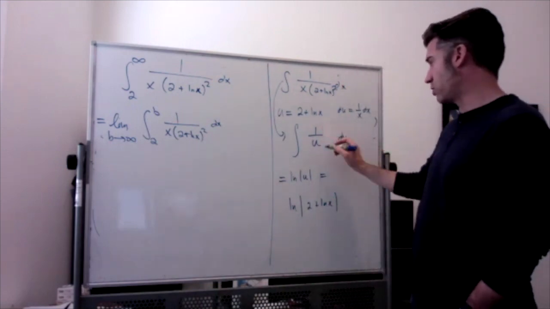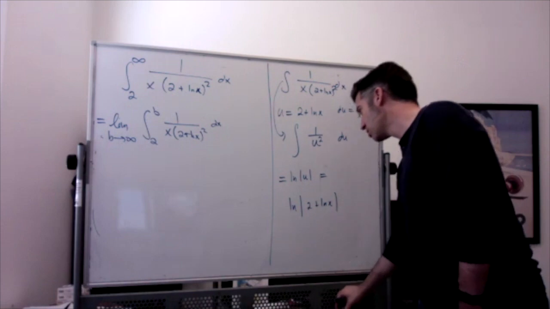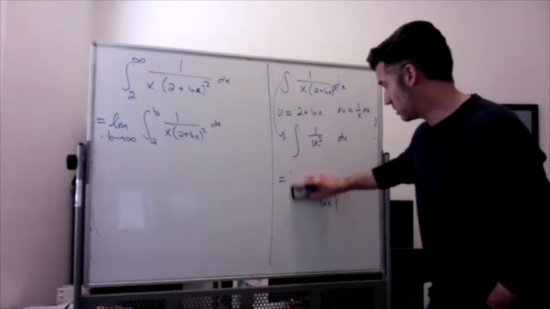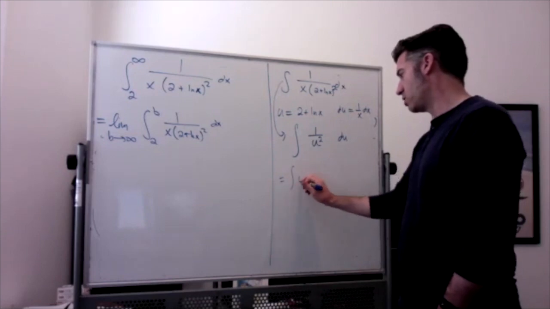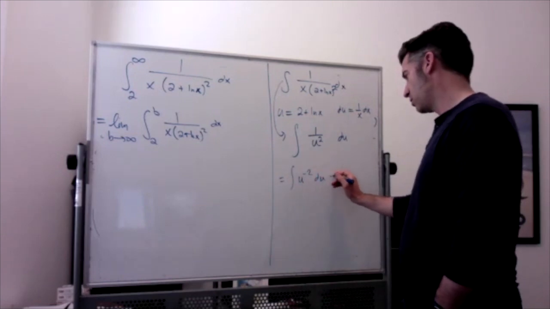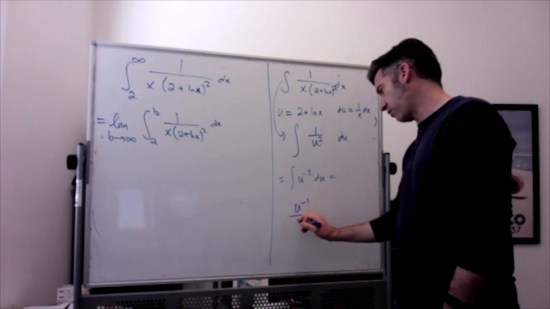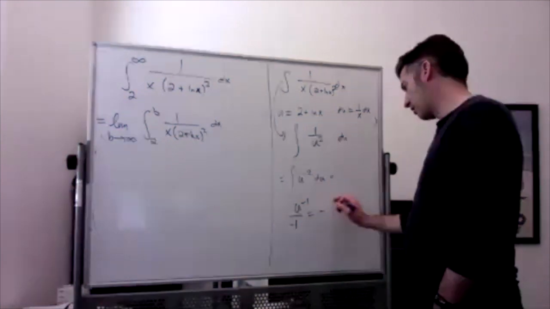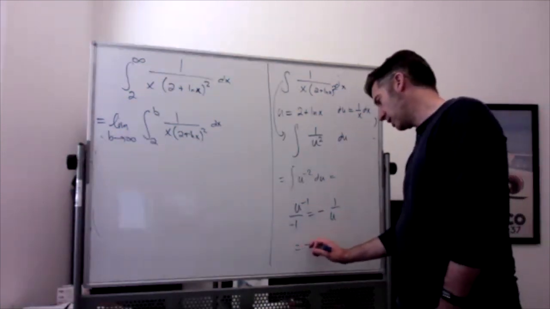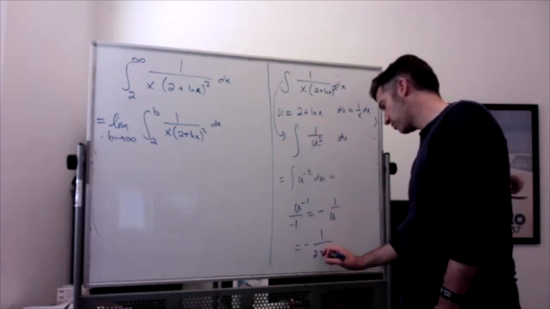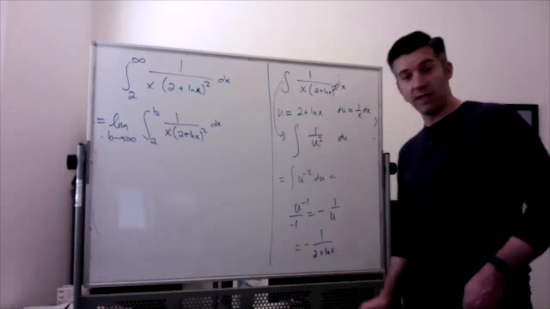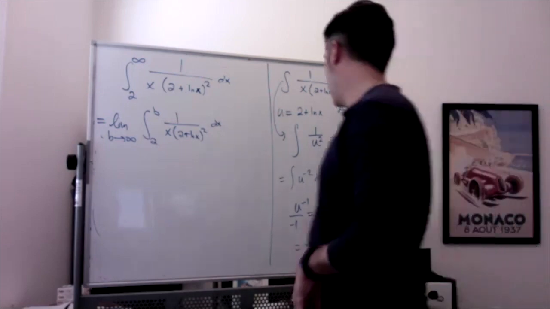That should actually be 1 over u squared. Sorry about that. Which means my integral, the integral of u to the minus second, is going to be u to the minus 1 over minus 1, which is negative 1 over u, which is negative 1 over 2 plus natural log of x. It's very different than what we were about to write. So that's my integral of that.